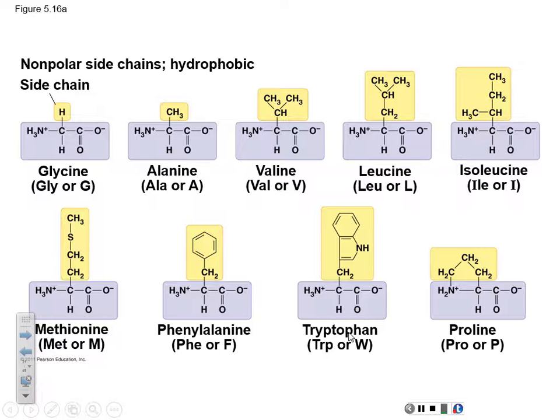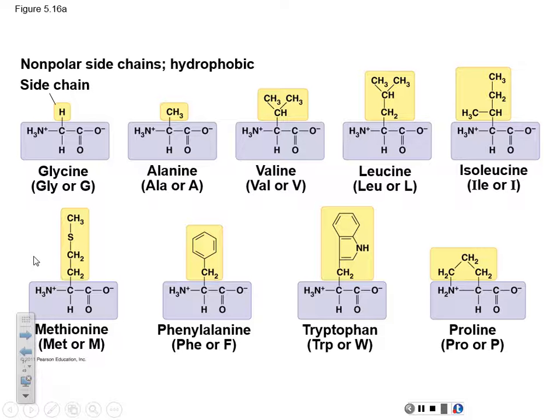They're sometimes called side chains. There are 1, 2, 3, 4, 5, 6, 7, 8, 9 different amino acids that fit into this hydrophobic category. Okay? Pretty straightforward. Each of those 9 different amino acids has its own name.